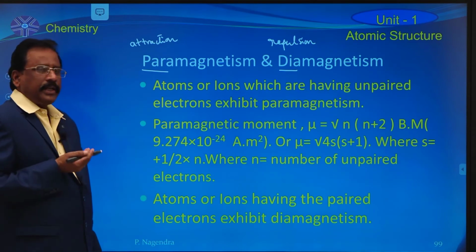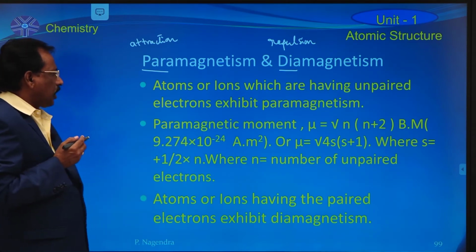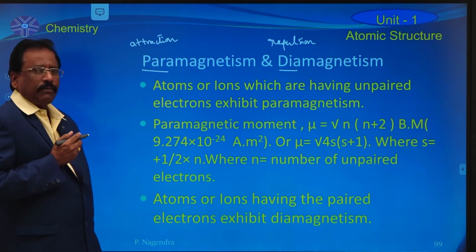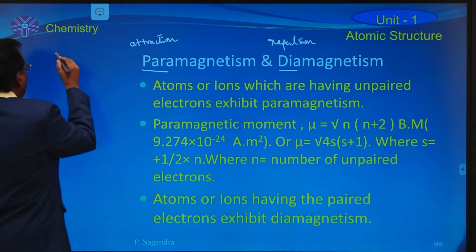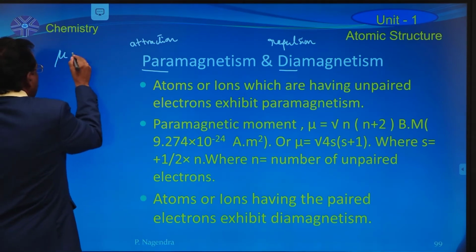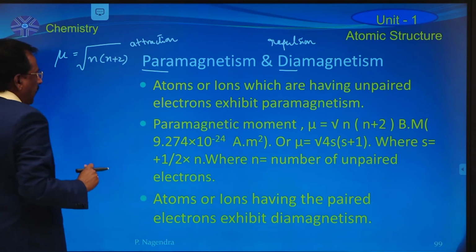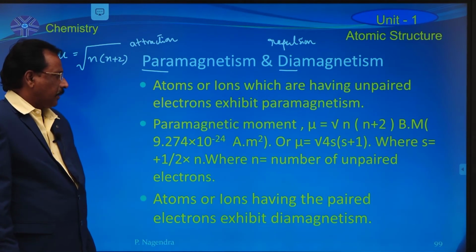It can be calculated by using the formula square root of n into n plus 2, a very, very important formula. The paramagnetic moment mu is equal to square root of n into n plus 2, where n is the number of unpaired electrons.